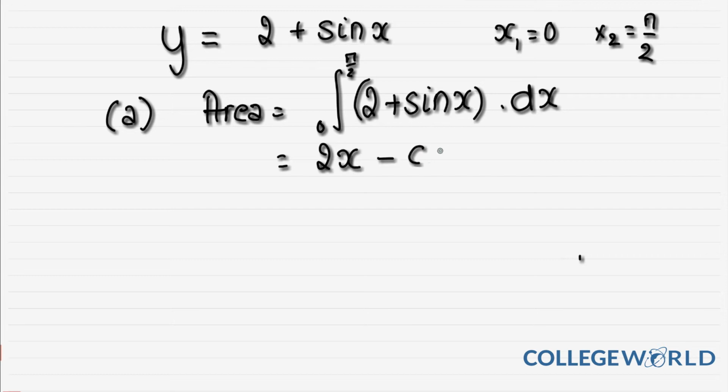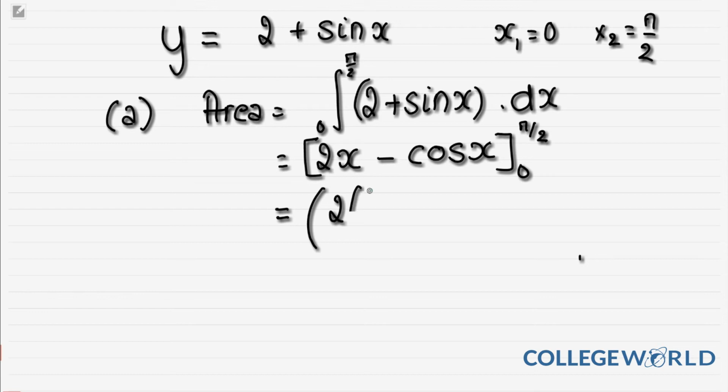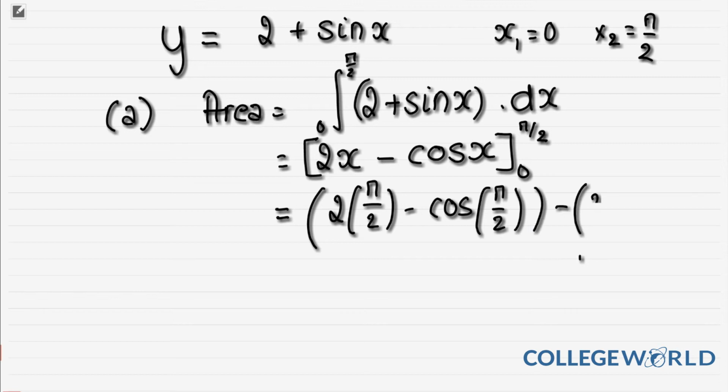Now we put this between our boundaries, 0 to pi over 2, and we take the upper boundary minus the lower boundary. So this is 2 into pi over 2 minus cosine of pi over 2, and we subtract from that 2 into 0 minus cosine 0, which is 1 by the way. So this gives us the answer pi plus 1.